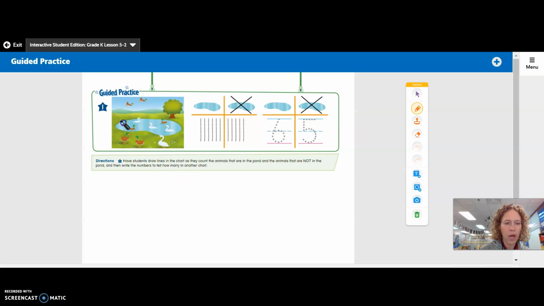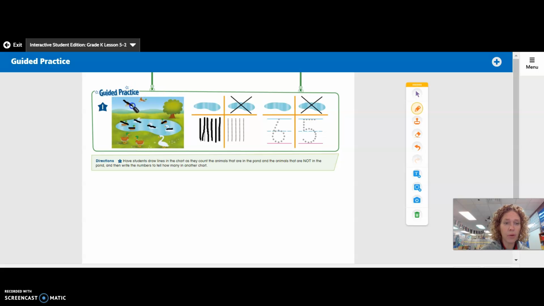I'm going to cross one off, one, and then I'm going to trace one, cross one off, two, cross one off, three, cross one off, four, cross one off, five, cross the other duck off in the pond, six.